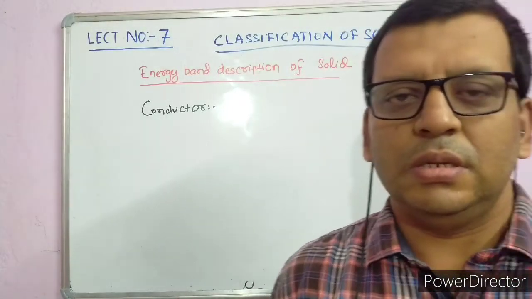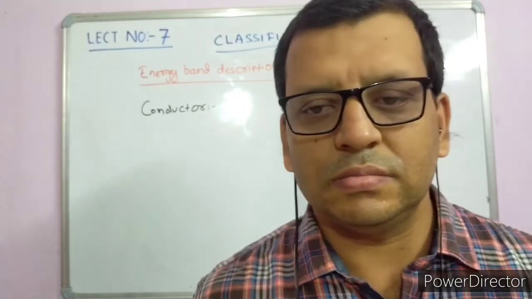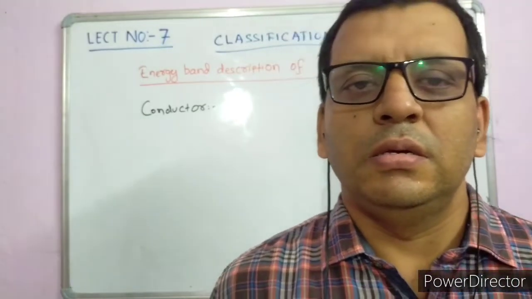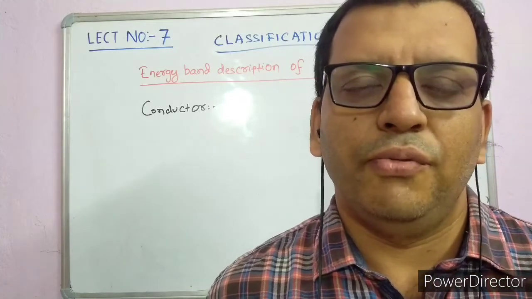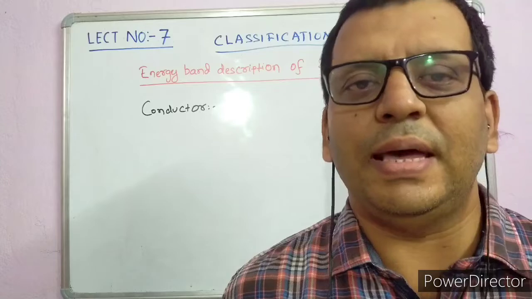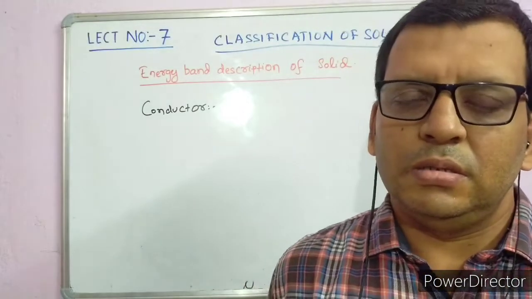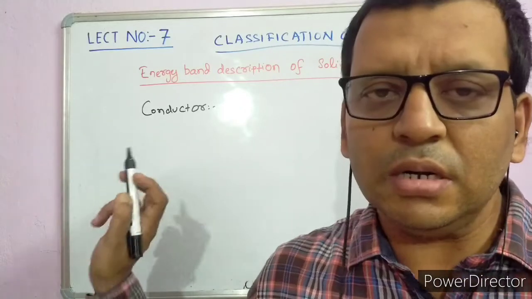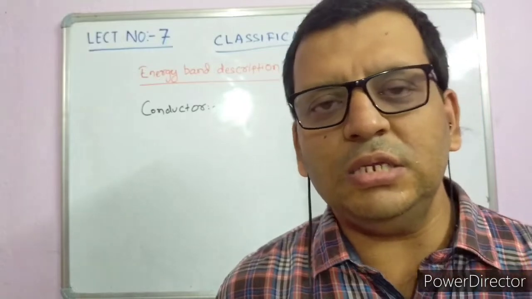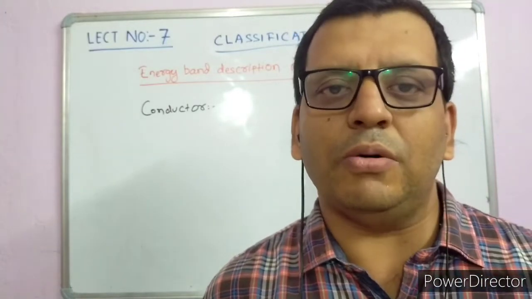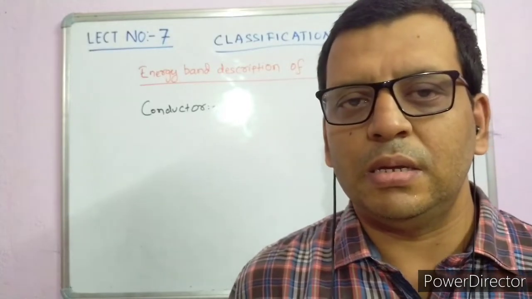In other words, it must have some electrons which are responsible for carrying current. That means the conductor has that type of electrons, and in abundant amount, which are responsible for carrying current.